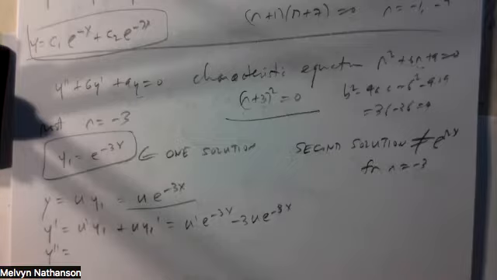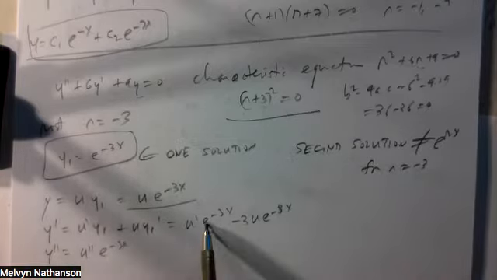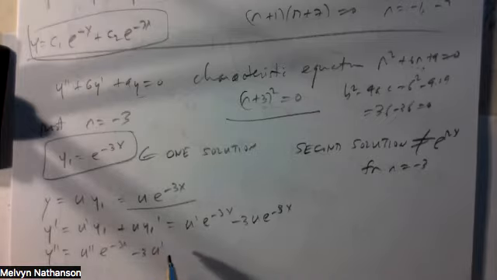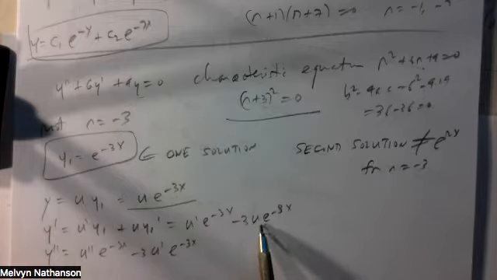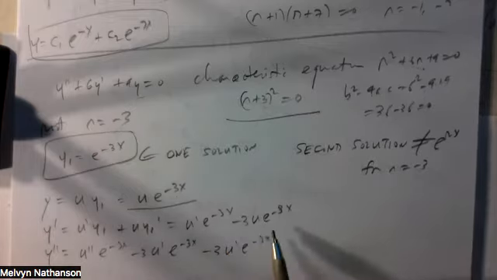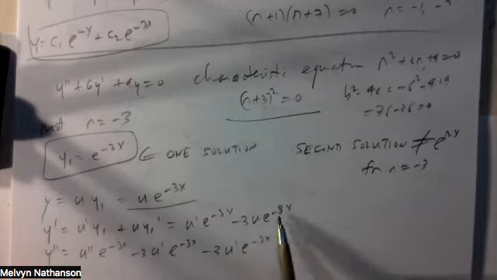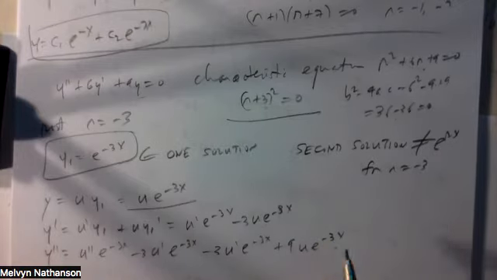What is y double prime? It's u double prime e to the -3x minus 3u prime e to the -3x. If I differentiate this, I get another -3u prime e to the minus 3x, and minus 3 times minus 3 plus 9u e to the minus 3x.